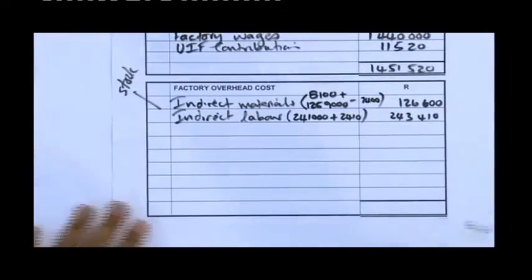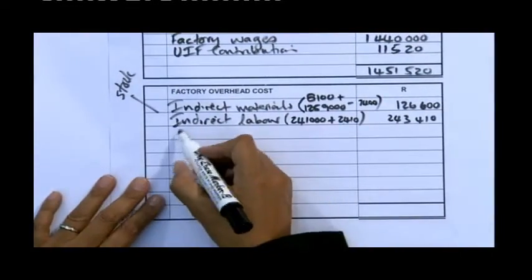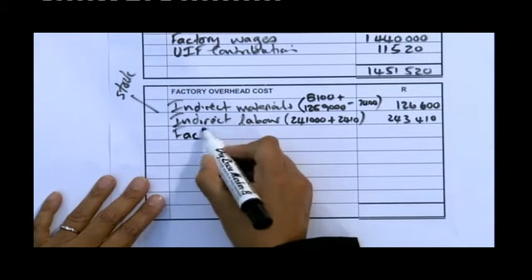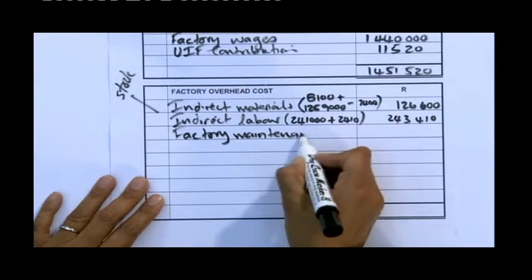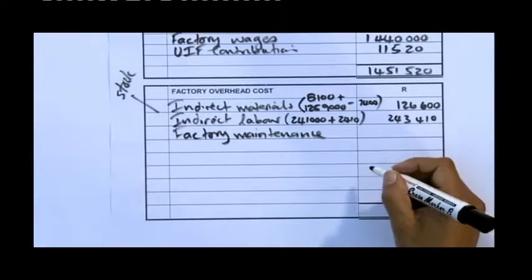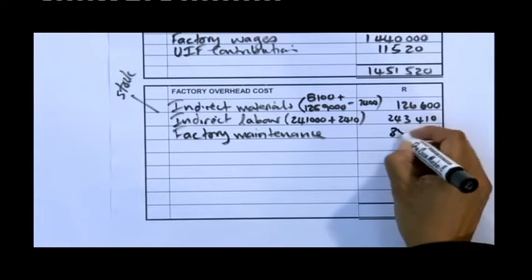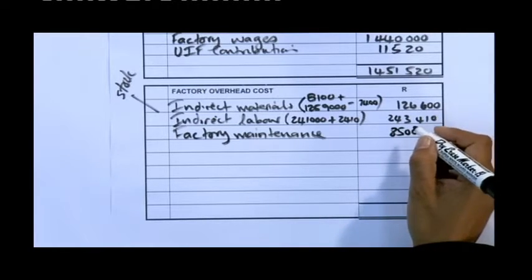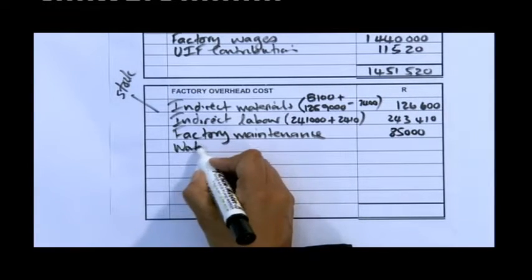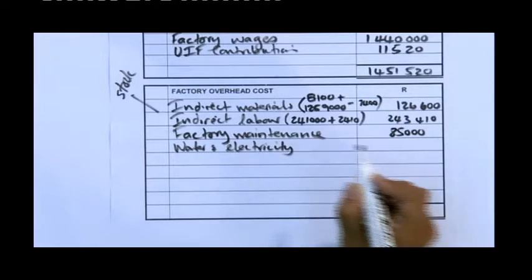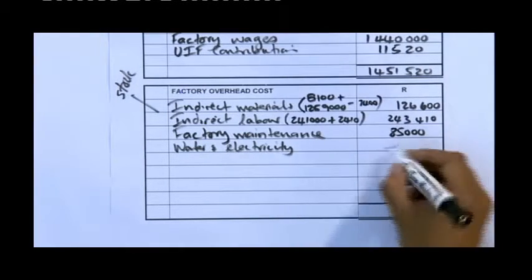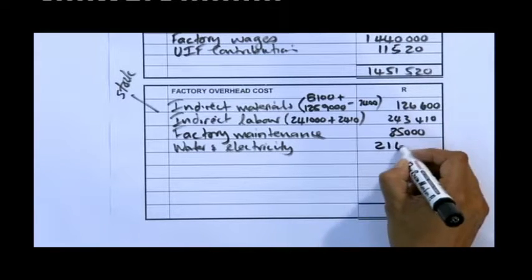So, can we do that calculation? Okay, so it's factory maintenance. It's 85,000. That's given. Then water and electricity. According to the floor space, that's 60%, and that comes to 21,600.